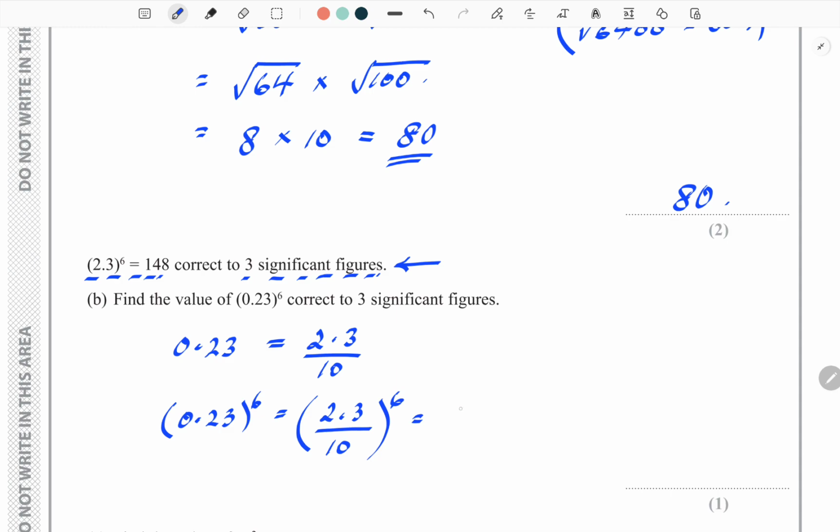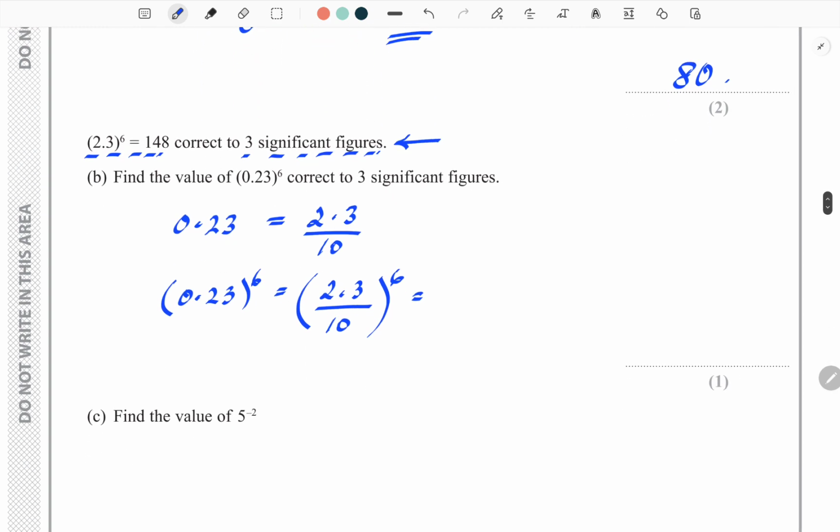And we can treat those separately. So 2.3 to the power 6 and 10 to the power 6. We already know 2.3 to the power 6 is 148. And 10 to the power 6, you can do this in two ways. You can say 10 to the power 6 is a million, so 1 with 6 zeros after it, and divide it that way. Or you can treat it like this.